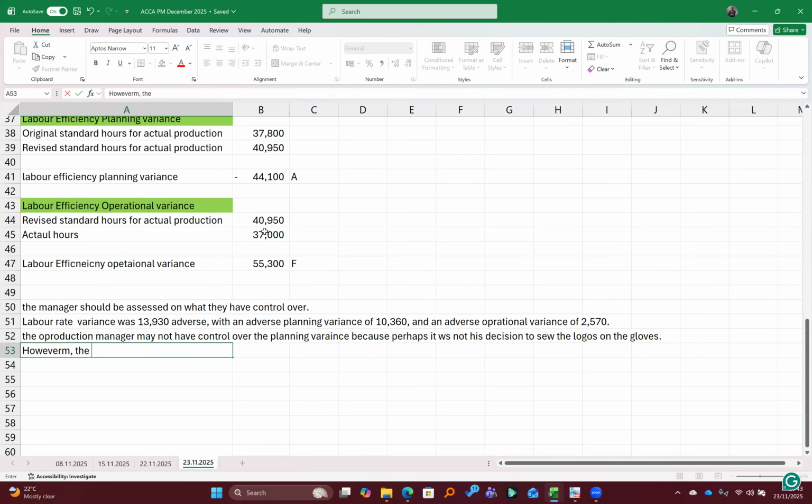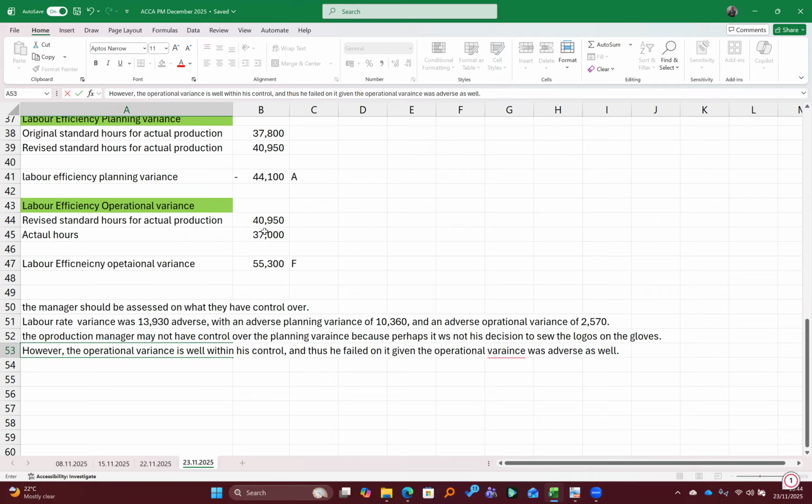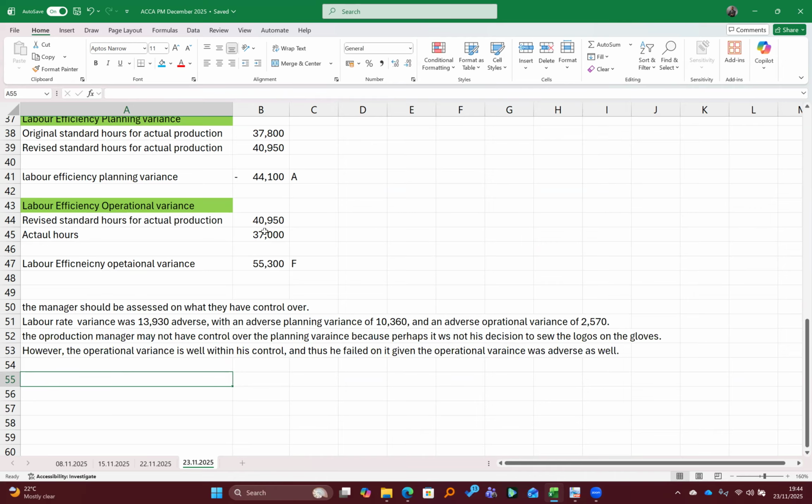However, the operational is well within his control, and thus he failed on it given the operational variance was adverse as well. So that is what you can say for the labor rate.